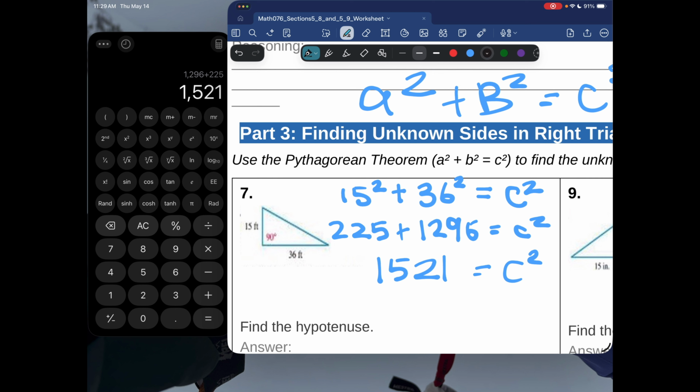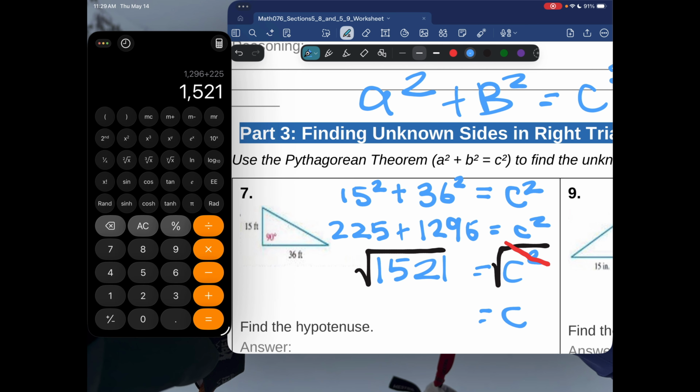So I'm going to take the square root here, and I'm going to take the square root here, and my square root and my square kind of undo each other. So I'm just left with C over here, and then I take the square root of 1,521, and I get 39 equals C.